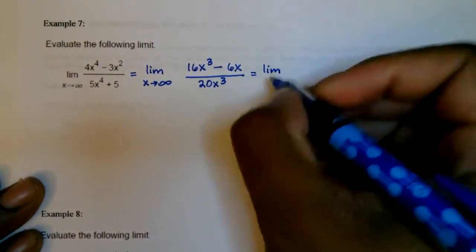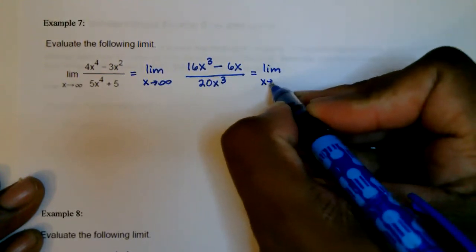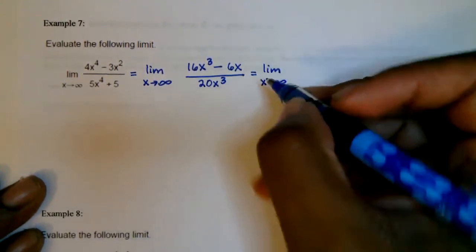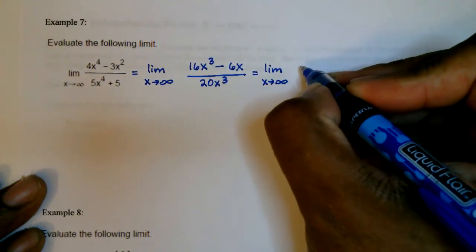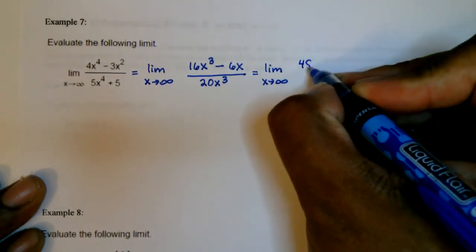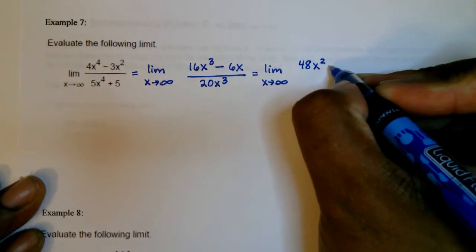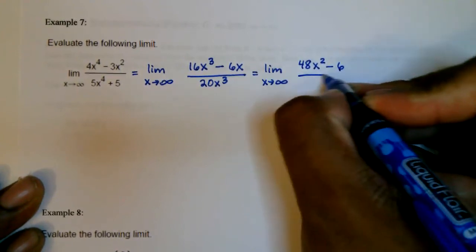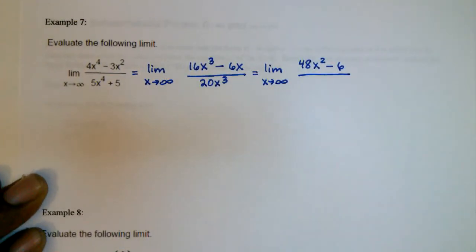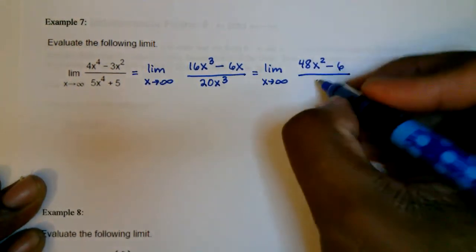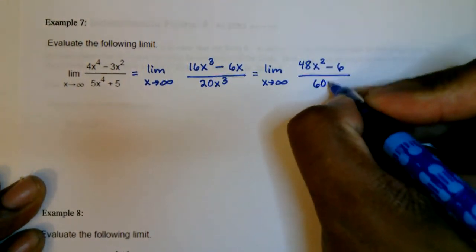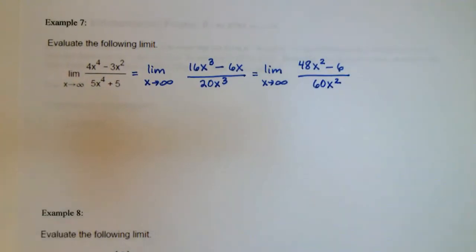So now you've got the limit as x approaches infinity. Let's take the derivative of 16x cubed minus 6x, that will be 48x squared minus 6. For the denominator, the derivative of 20x cubed is going to be 60x squared.